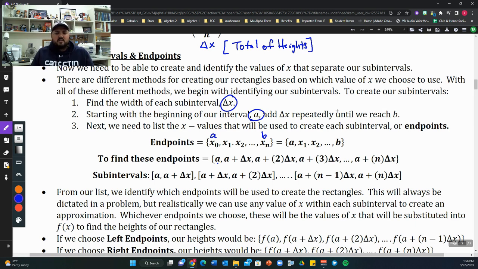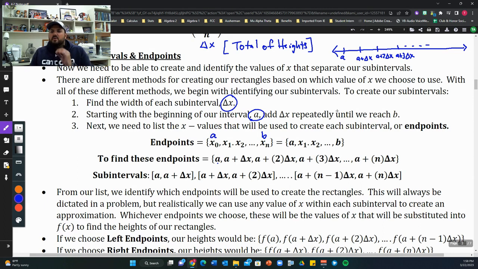So seeing it written in this list may not be the easiest way for you guys to wrap your head around it. So again, another way of thinking about it is on our number line. So if I start at A, then the next one would be A plus 1 delta X, and then A plus 2 delta X's, and then A plus 3 delta X's. I didn't space these out enough.